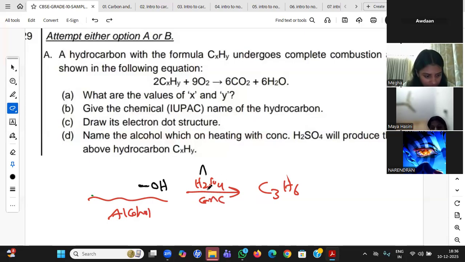But it's concentrated H2SO4. So it is a dehydration reaction: alcohol with concentrated H2SO4, dehydration. Please remember, dehydration means water comes out. Now you give the answer, students. On the left side only one compound, on the right side some water came out. So what should it be on the left side? Please give the answer.